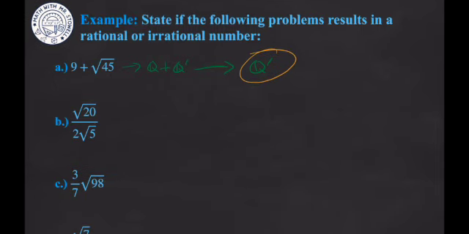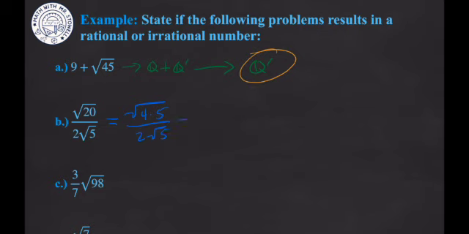This one, we have square root of 20. That's not perfect. We have square root of 5 on the bottom. That's not perfect either. But before we jump to conclusions, let's make sure that they actually don't have anything in common. Okay? So square root of 20 is really square root of 4 times 5, right? 4 is perfect.